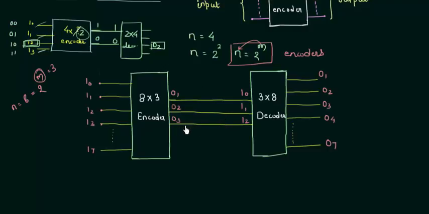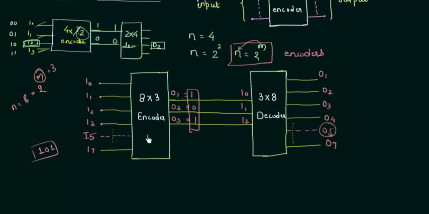The data has been encoded. Let's say I5 is high, and 5 in binary is 1 0 1, so this O1 will equal 1, this O2 will equal 0, and this O3 will equal 1, and this information will be decoded at this end, and again O5 will be high.